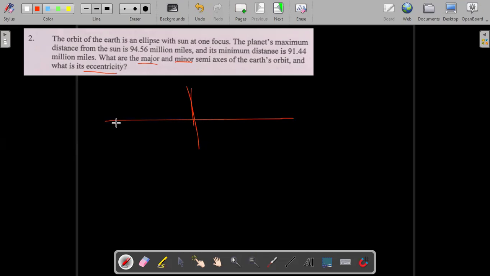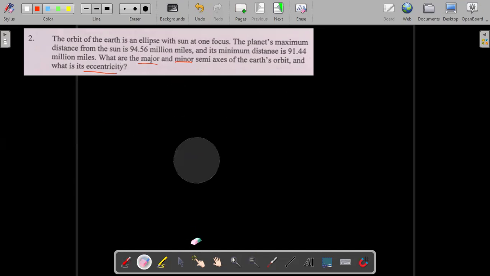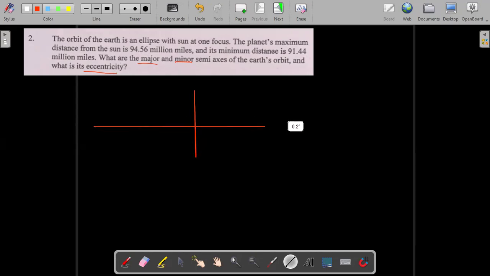Then they tell us that the orbit of the Earth is an ellipse, so I'll draw an ellipse here. Okay, that's not up to scale properly. Let me try to draw something that's up to scale, using this tool.